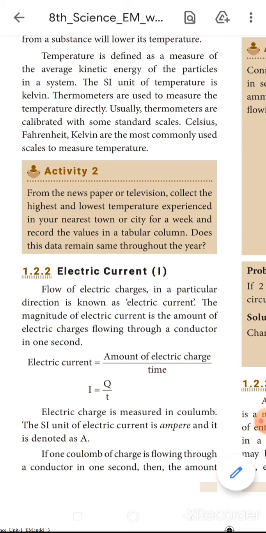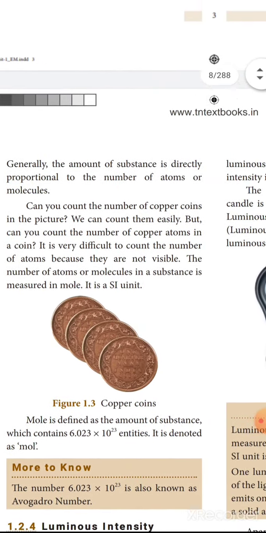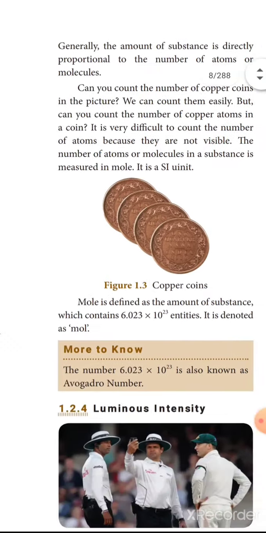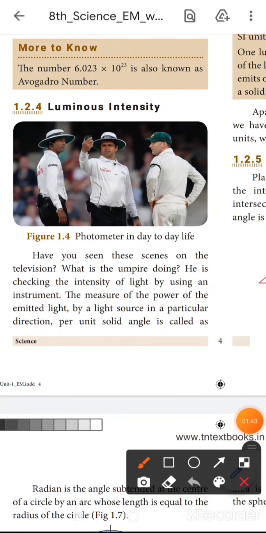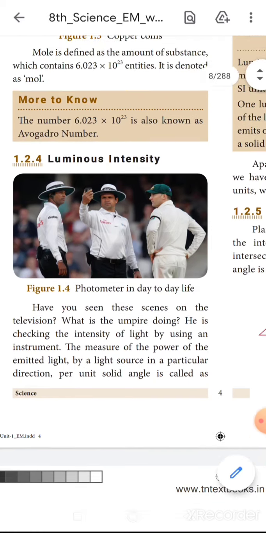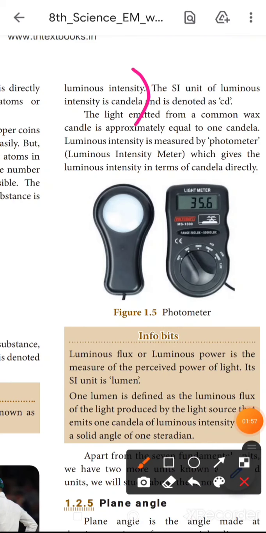Page number 4. The measure of the power of the emitted light by a light source in a particular direction per unit solid angle is called luminous intensity. Up to this one. 7th Roman, 5th question.